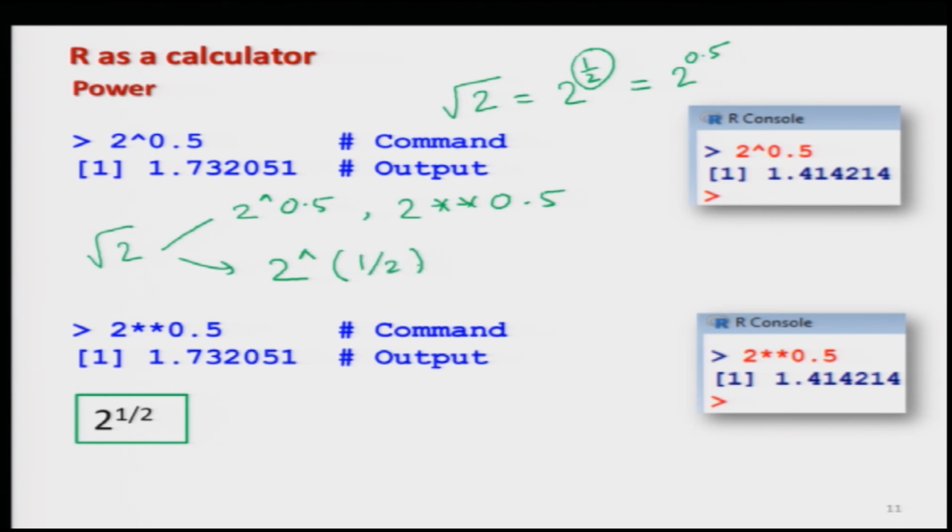I will try to show you that all these things work, but the moral of the story is that if you want to find the power of a number, that is valid for integers as well as for fractions, and you have to use it in exactly the same way as you have done earlier.